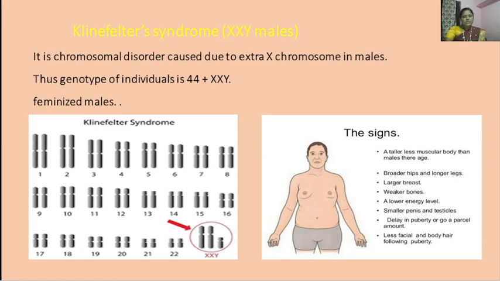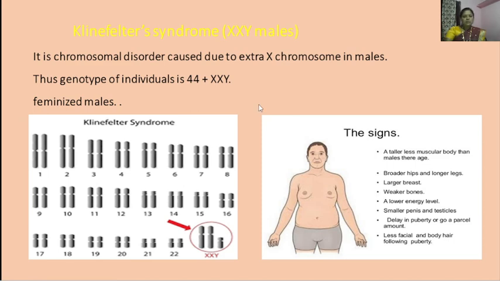The voice and speech are harsh and they have underdeveloped testes. They are tall with long arms, with feminine development, that is development of breasts, gynecomastia, and no spermatogenesis. Therefore, individuals are sterile. It is known as Klinefelter syndrome.